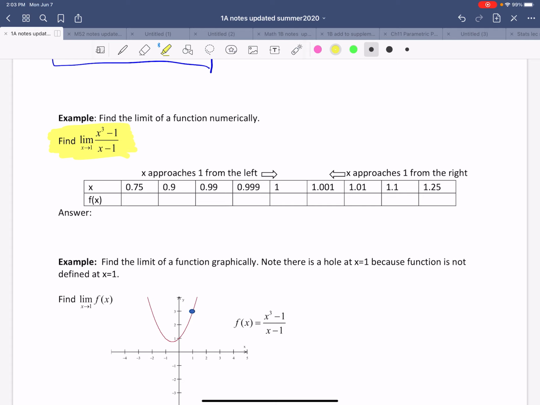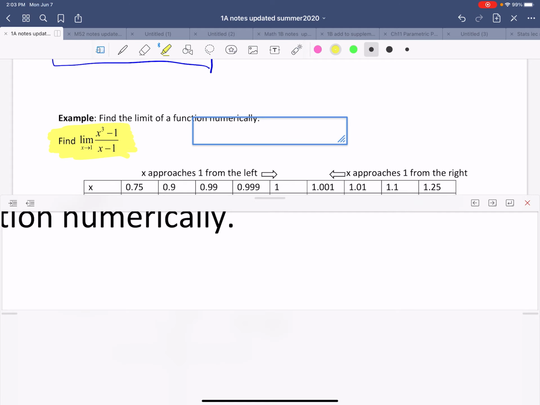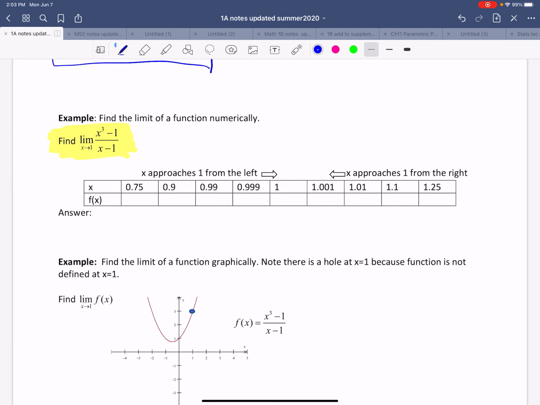For this problem, the function is undefined at x equals 1, because if I plug in x as 1, I will have a hole in my graph.